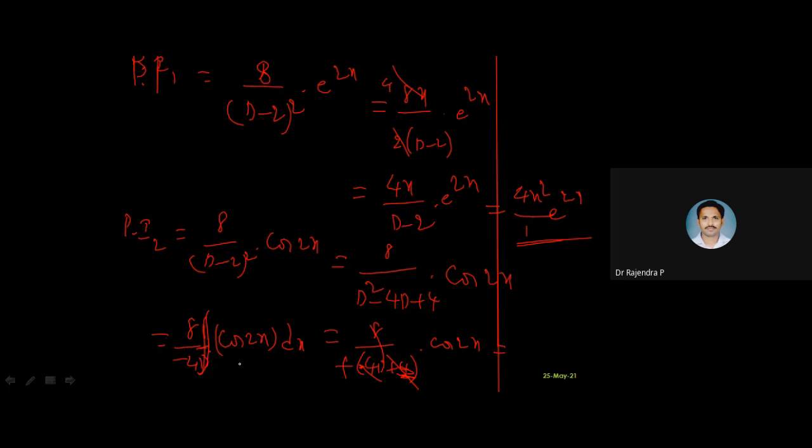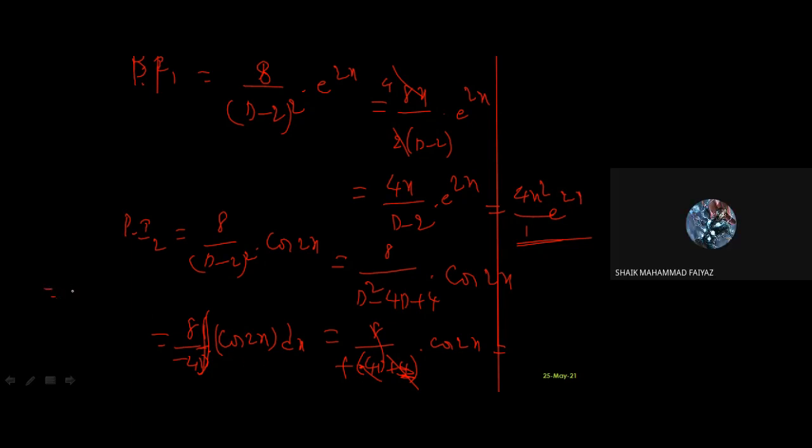Right. So integral of cos 2x, what is that? Sin 2x by 2. By 2 we have to write it, right?